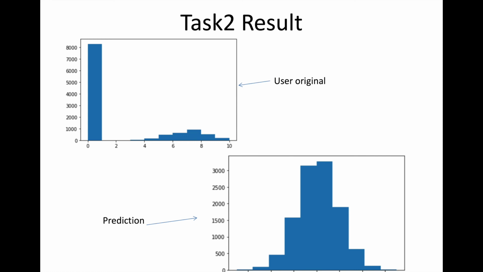That may be because of the model's drawbacks, because the iteration of the model is very slow. So I chose a relatively small number of iterations to do the learning. But the prediction distribution is quite similar to the user's original, and we are going to store this result to a new CSV.